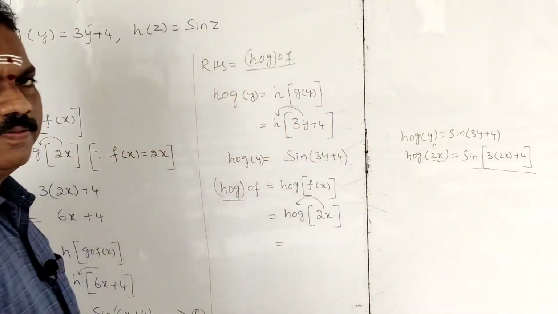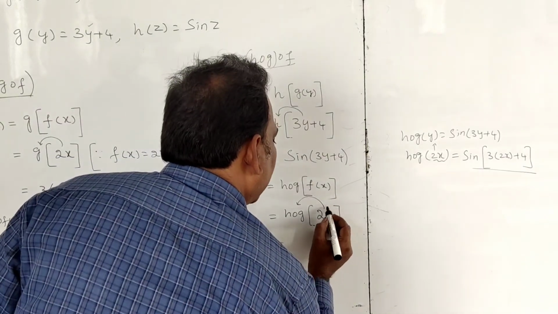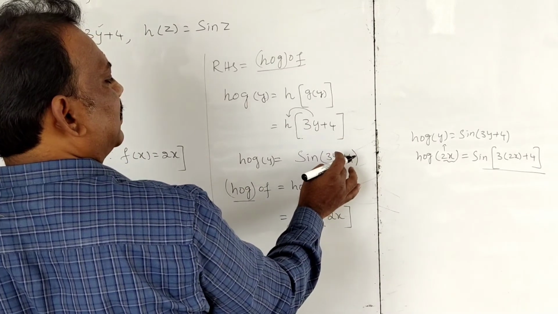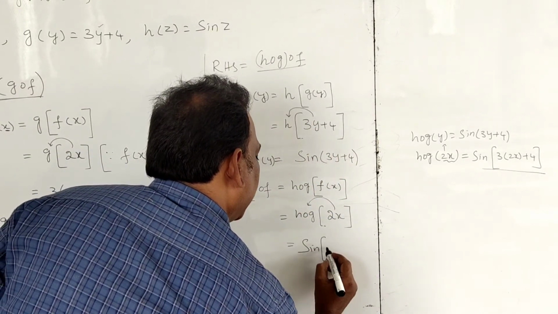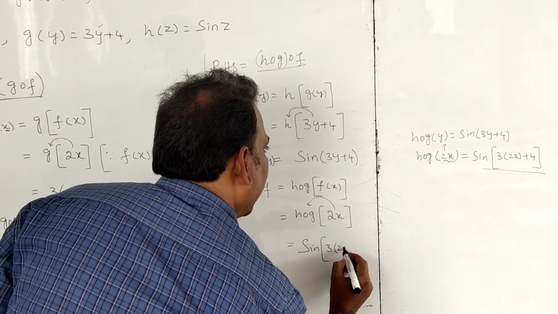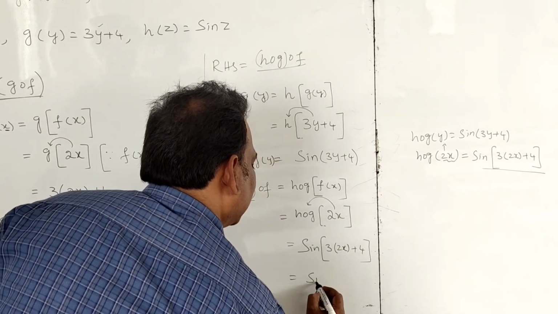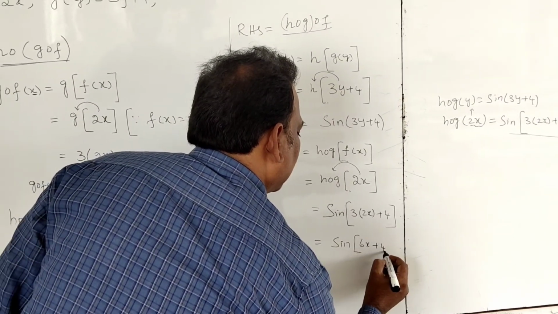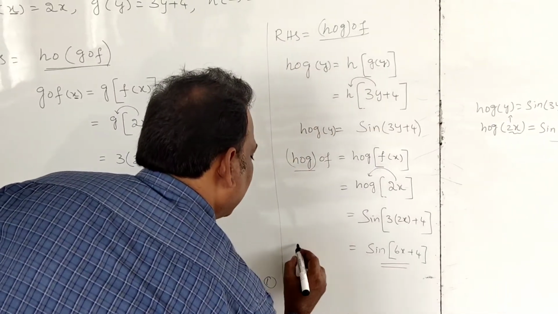This step, students, did you understand? Right. Now we are going to replace this 2x instead of the y place. So sine of 3 into 2x plus 4. So totally you will get sine of 3 twos are 6x plus 4. So this is the right hand side value.